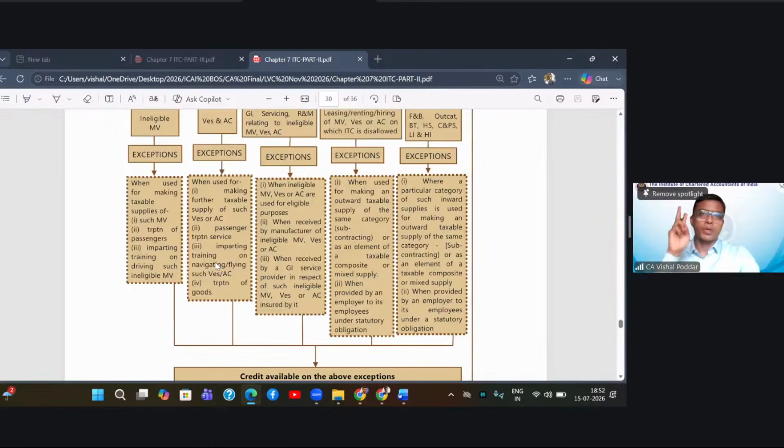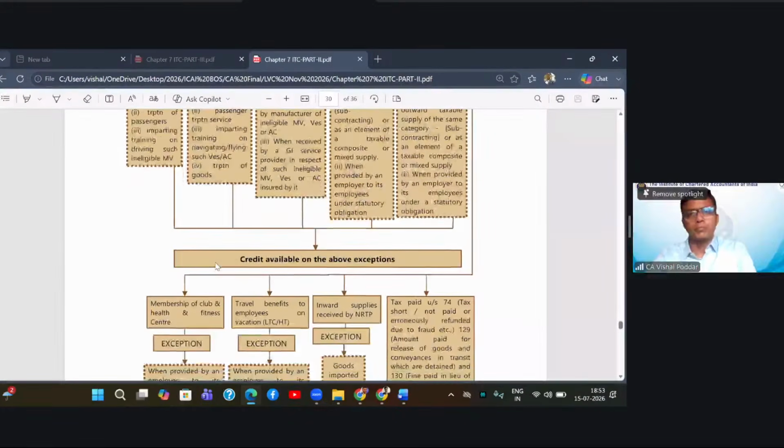Blockage will not apply. Two, where these inward items are the ones which you are procuring because you have to give them to your employees, and giving to your employees is made compulsory under any statute, under any law, and under that statutory obligation, you have to make these outward supplies. In that particular case, again, the blockage will not apply.